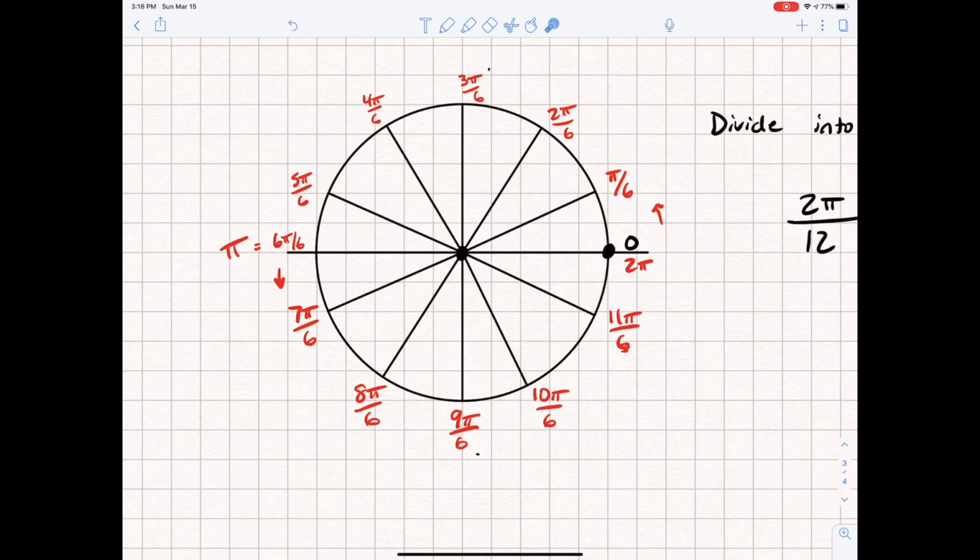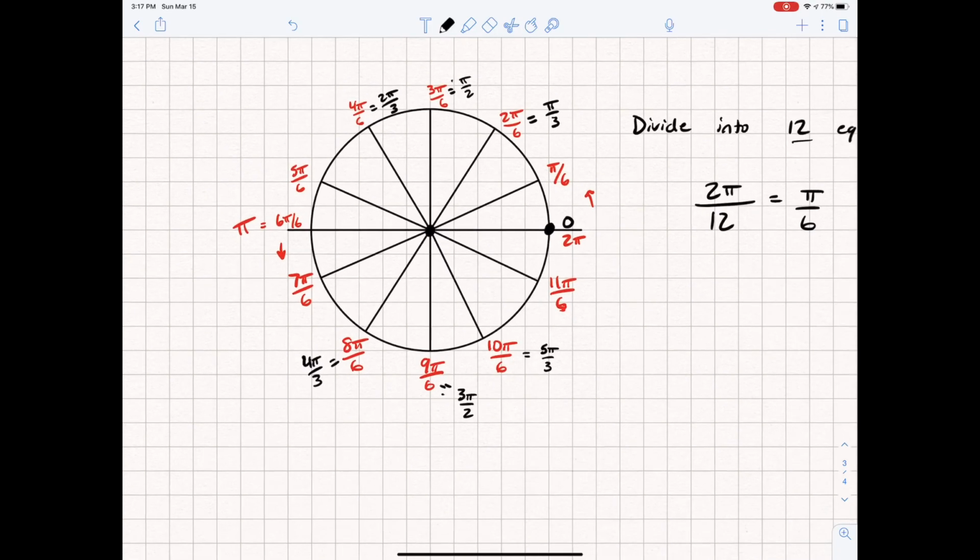I can go through and simplify some of these, and again, this may remind you, but essentially here at 2 pi over 6, this is pi over 3, 3 pi over 6 is pi over 2, 4 pi over 6 is 2 pi over 3, 8 pi over 6 is 4 pi over 3, 9 pi over 6 is 3 pi over 2, 10 pi over 6 is 5 pi over 3. And so this gives me the simplified version here.